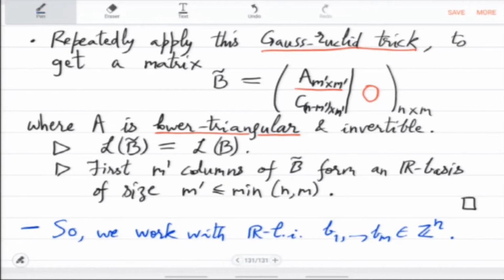Okay, so now we will actually revise some linear algebra. So given a basis of a real vector space, what you know is you can find another basis by linear transformations.